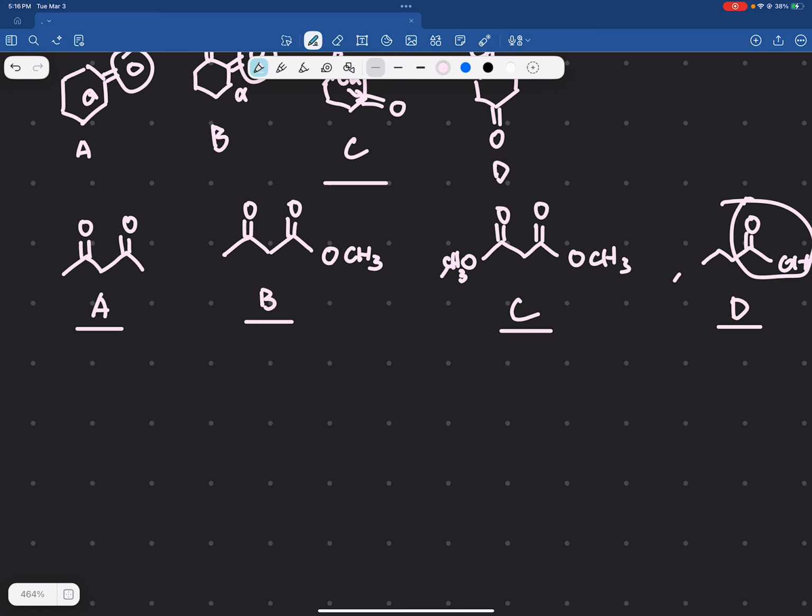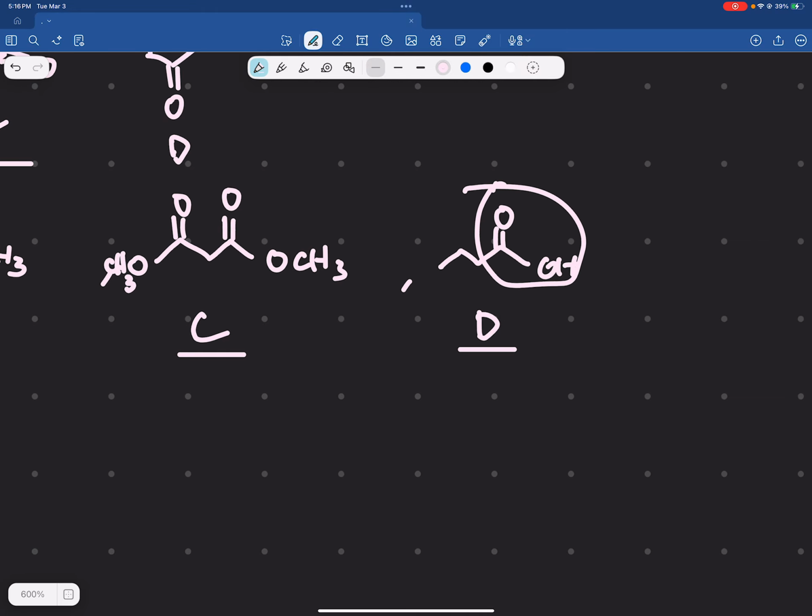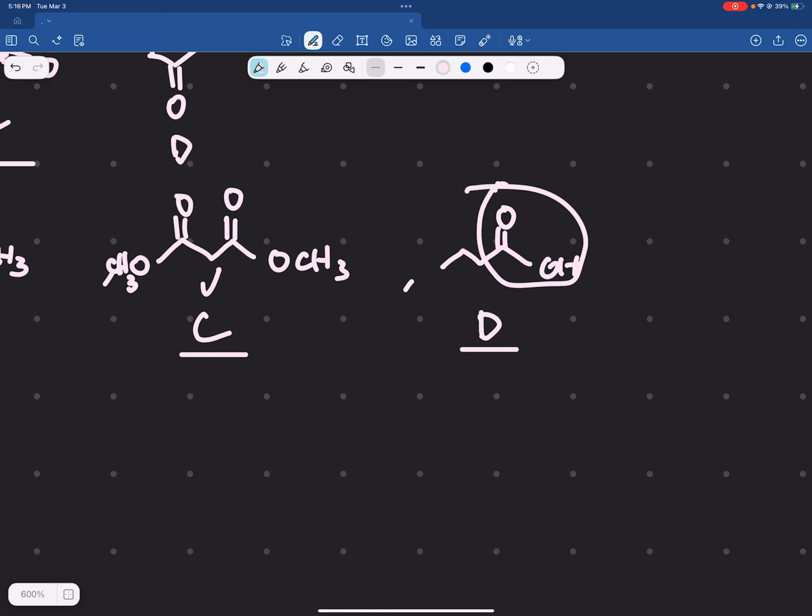So what we're interested in is why A is more acidic than C, and B is just in between A and C. So A is more acidic because the alpha carbon here in the center can be stabilized by either oxygen on either side. And so can C.